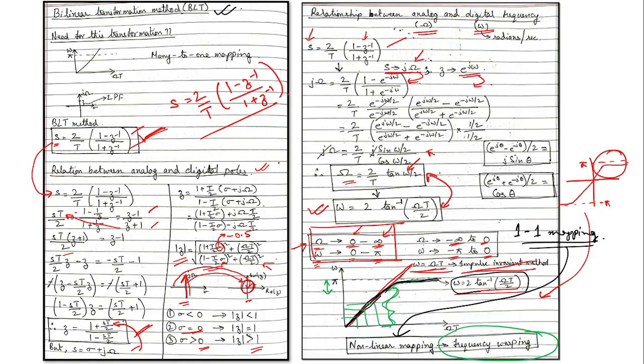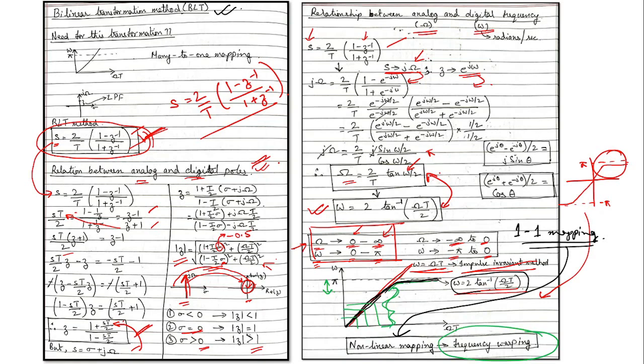No numericals over here. It's just the relationship between the analog and the digital poles, because we are starting with the bilinear transformation equation. From there, what is the relationship between the analog pole and the digital pole? We need to understand whether this equation will satisfy the digital filter designing criteria, because we are taking the equation of the analog filters and transforming it into digital filters.